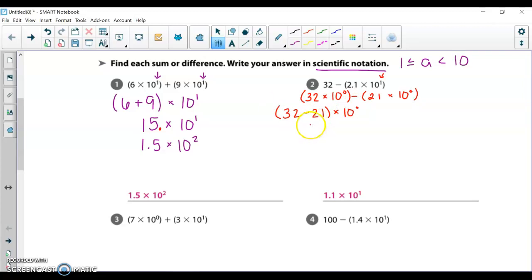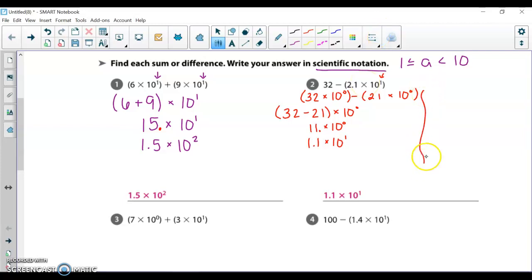If I subtract, I get 11 times 10 to the power of 0. But we know we have to move that decimal, so it's between 1 and 10. And if I moved it, I would add back to my exponent, and I get 1.1 times 10 to the first. Now, that's one way of changing my decimal place in the second one to get a power of 0.